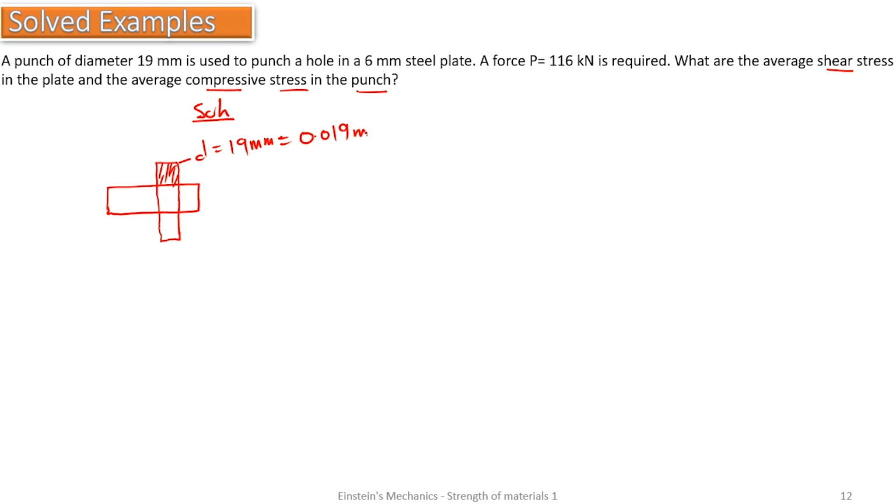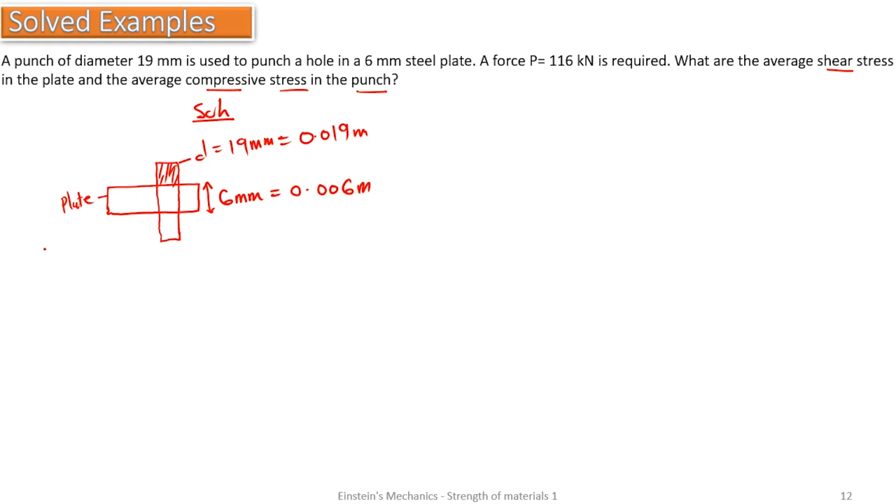So we can have the diameter of the punch to be 19 millimeters, or 0.019 meters. And the hole diameter, or 6 millimeter steel plate, which is the thickness of the plate. Remember, this is the plate. And the thickness of the plate is going to be 6 millimeters, which is 0.006 meters.